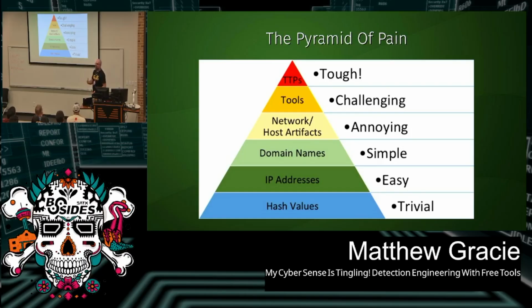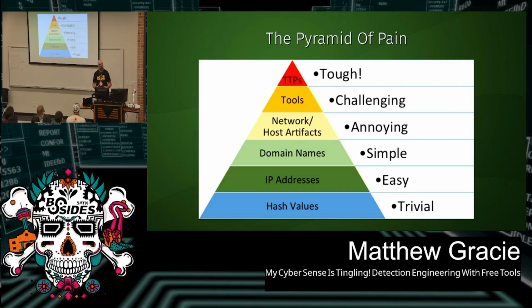Tools, very challenging to change. If you've got your threat actor group and they're all using Sliver, and you write some really good rules around Sliver, and they want to pivot to Cobalt Strike or Mythic or some other framework, it's going to be tough, right? So we're getting up toward the narrow wedge of the pyramid here. And finally, TTPs, tactics, techniques, and procedures, right?